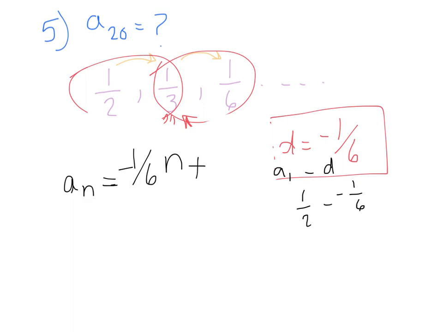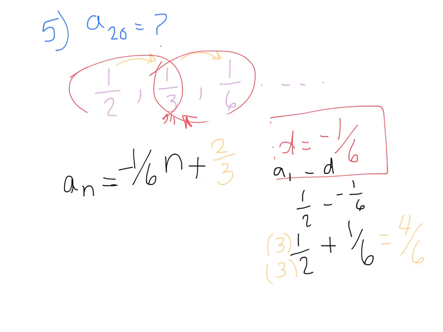A sub 1 is 1/2, minus d, which is -1/6. It's the same as 1/2 plus 1/6. Get a common denominator, so multiply by 3 here and 3 there. You'll have 3/6 plus 1/6. Well, that's 4/6, which is the same as 2/3.